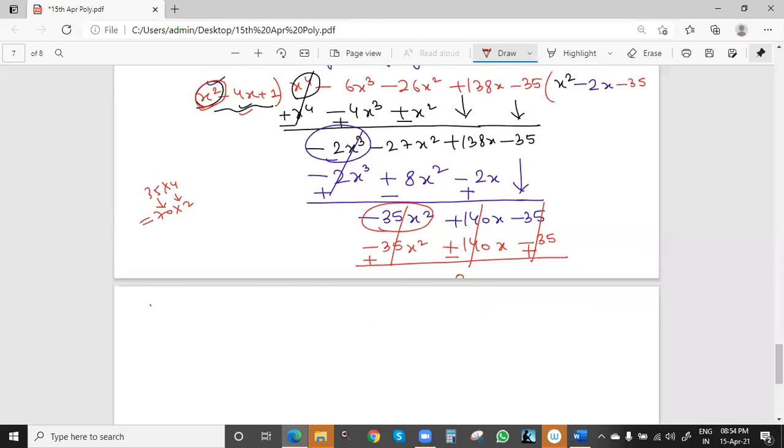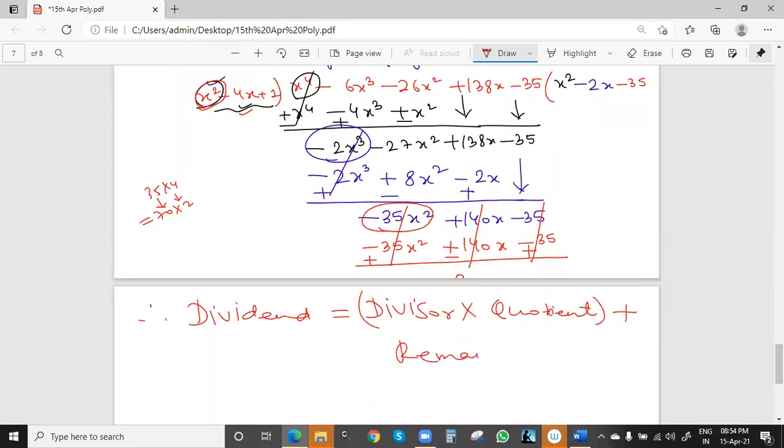hence we can write dividend, that is our division algorithm. Dividend equal to divisor into quotient plus remainder. Okay, good, quotient in bracket plus remainder. Right.